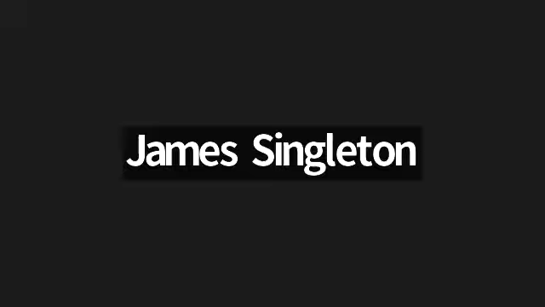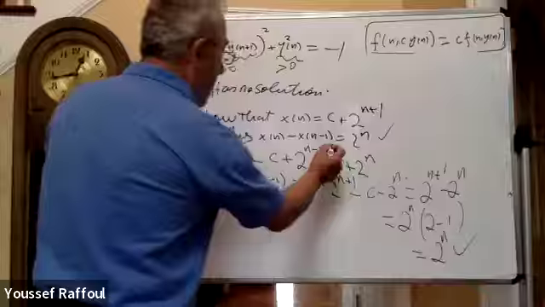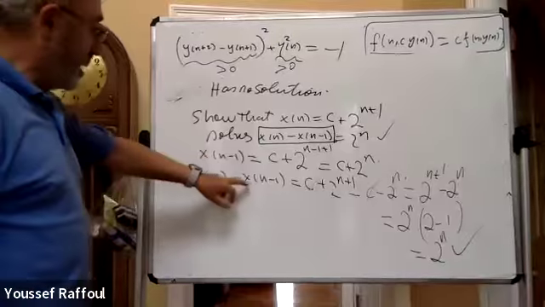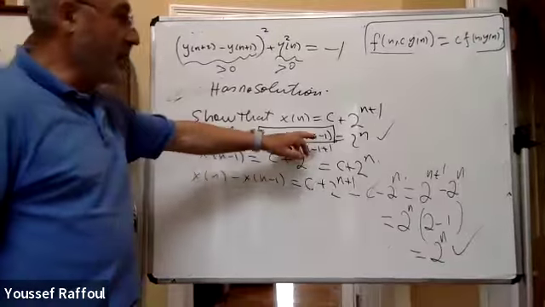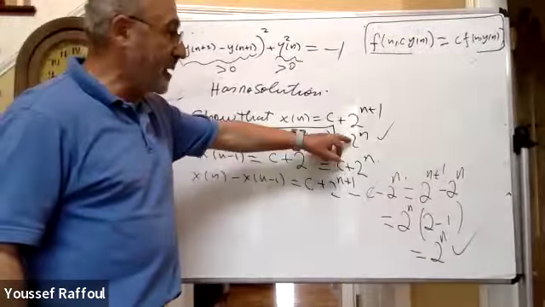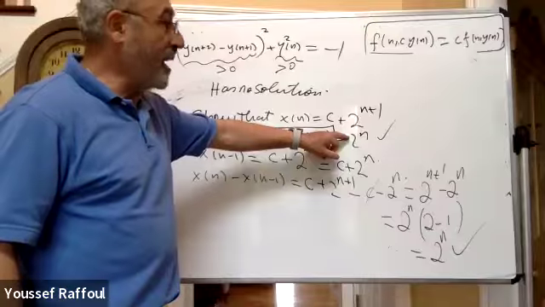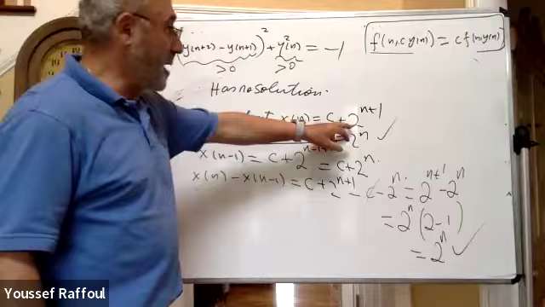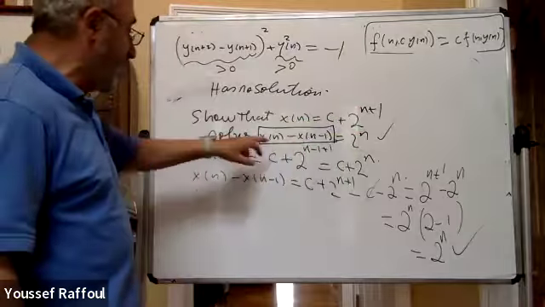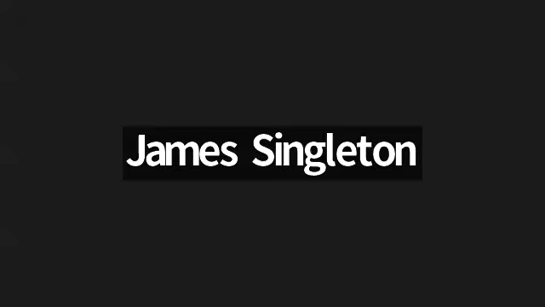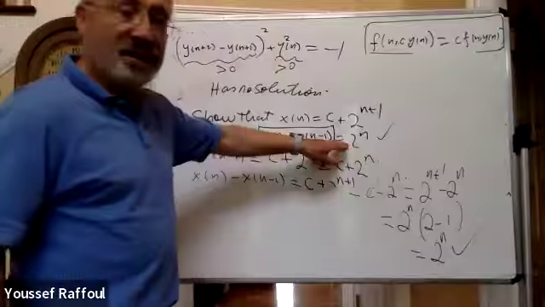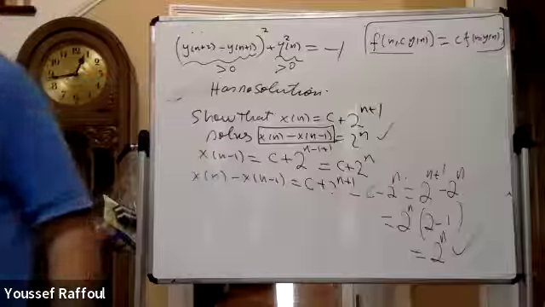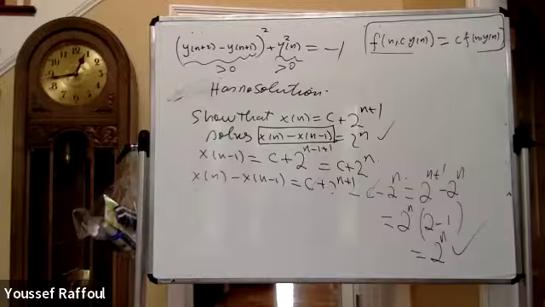For example, here I substituted in the left-hand side. In order for this to be indeed a solution, what should I get? 2 to power n, right? What did I get when I replaced with c plus 2 to power n plus 1 in the left-hand side? Look, I got 2 to the n, the right-hand side. So you have a true statement, something that makes sense, okay?